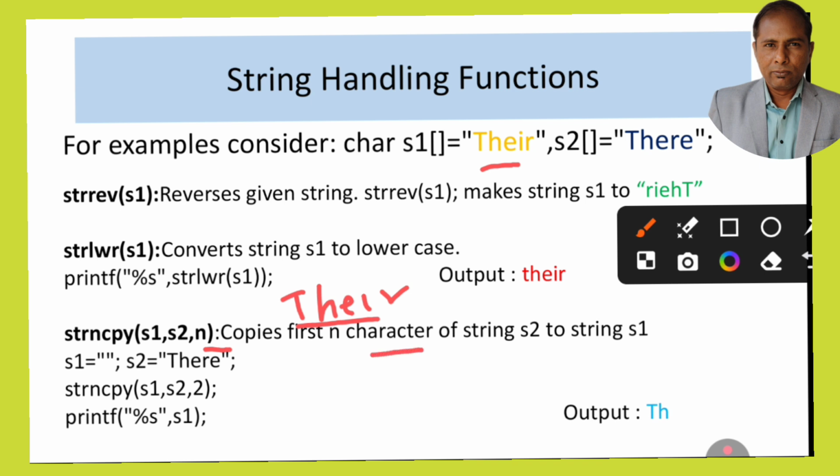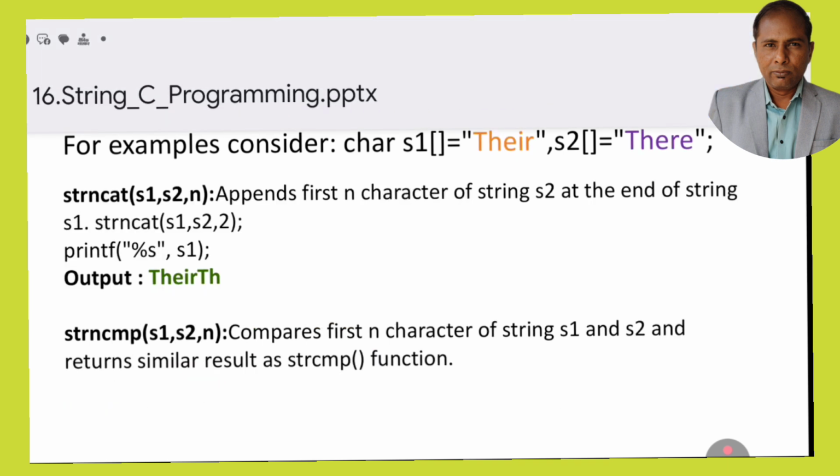For example, I am writing strncpy(s1, s2, 2). It will copy two letters of the string s2, which is capital THERE, so it will copy only these two letters. Our output will be TH, capital TH. So these are some string functions.